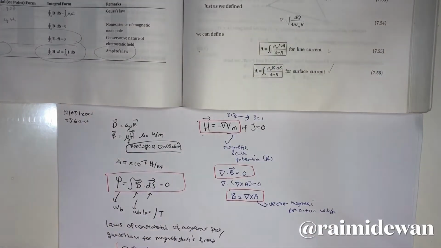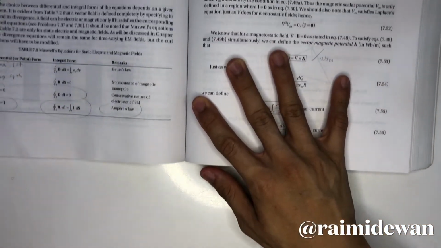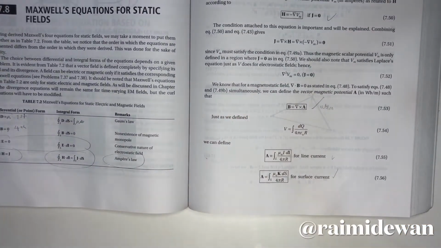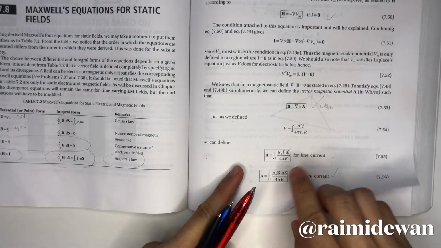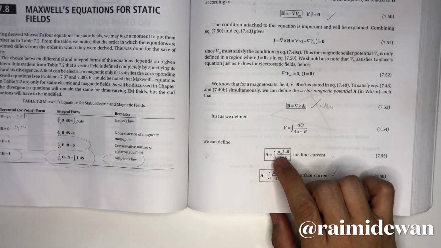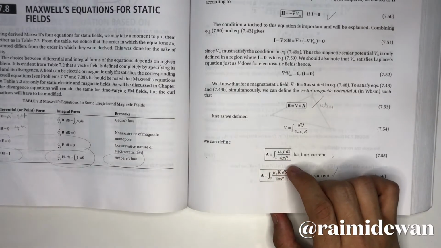Similarly, like for electrostatics, where we have many sources of charge, for magnetics we also have different sources of current, right? So we have the line current, A equals mu naught I dl over 4 pi r.